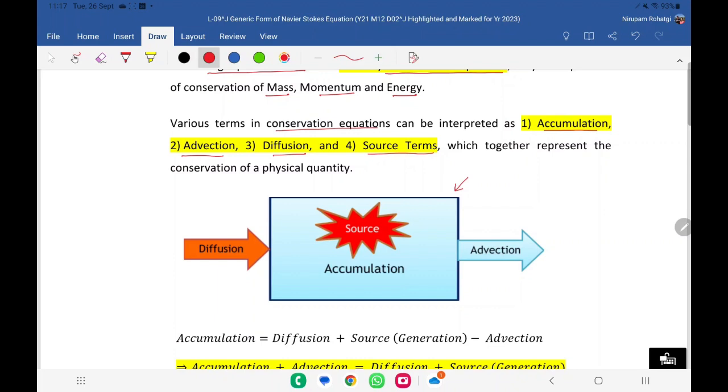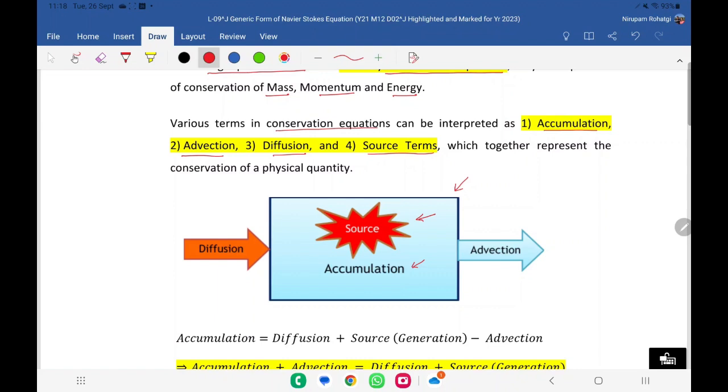Now accumulation means something is being collected here. Accumulation, accumulate, that means something is added here. So if the mass is increasing in it, that we are calling accumulation, or mass is depleting from here, so it is minus of accumulation. Then source means it is generation.